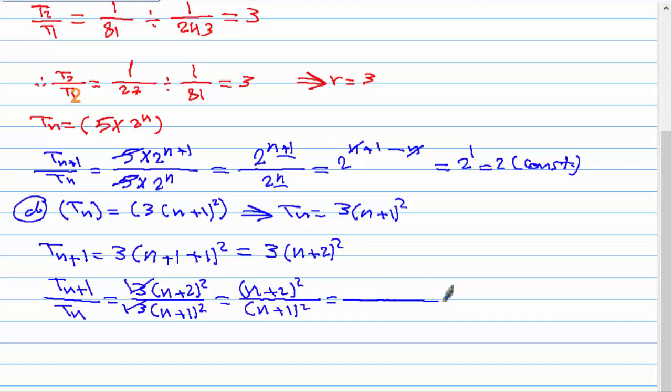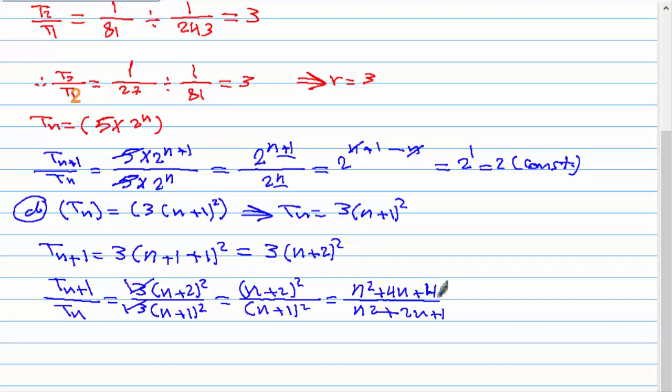If you expand these two brackets, what do you get? n square plus 4n plus 4 over n square plus 2n plus 1.